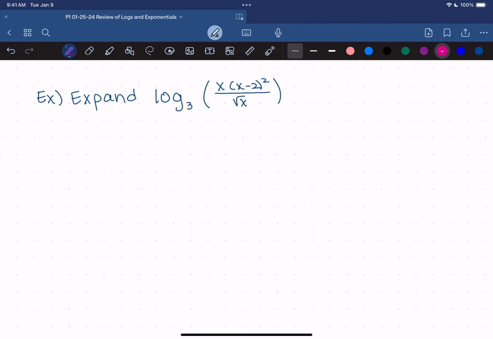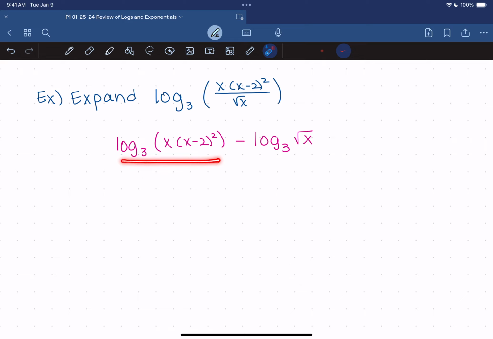Instead, everything's being separated by the big division. And so we'll do a quotient property first that says we can expand using the same base. We will have log base 3 of the numerator minus log base 3 of the denominator. So that was using the quotient property. Okay, let's look at this term now.